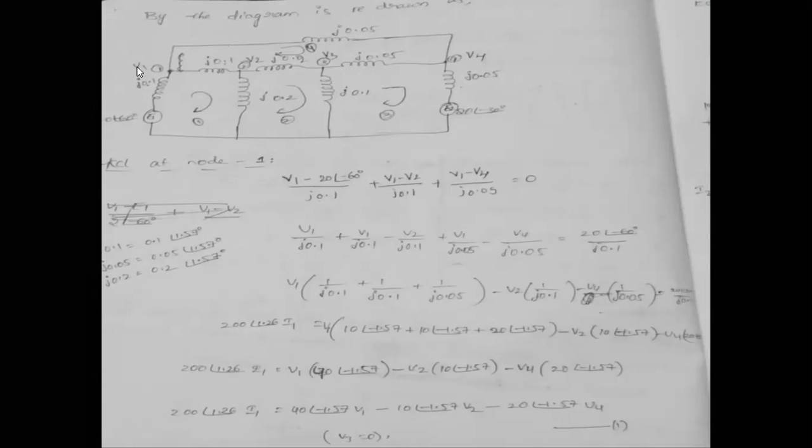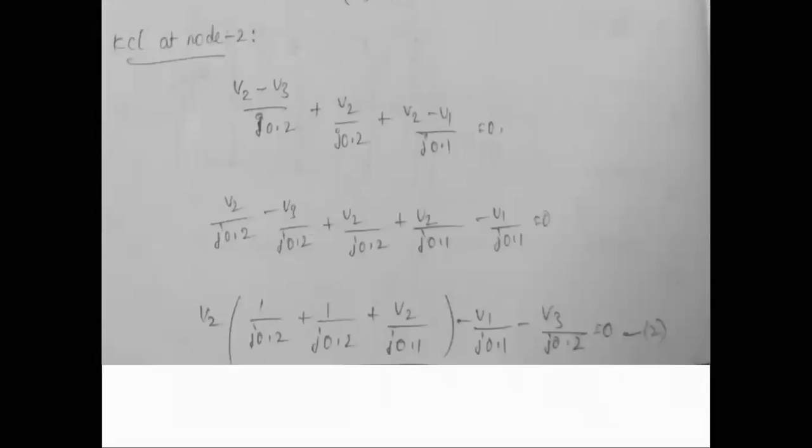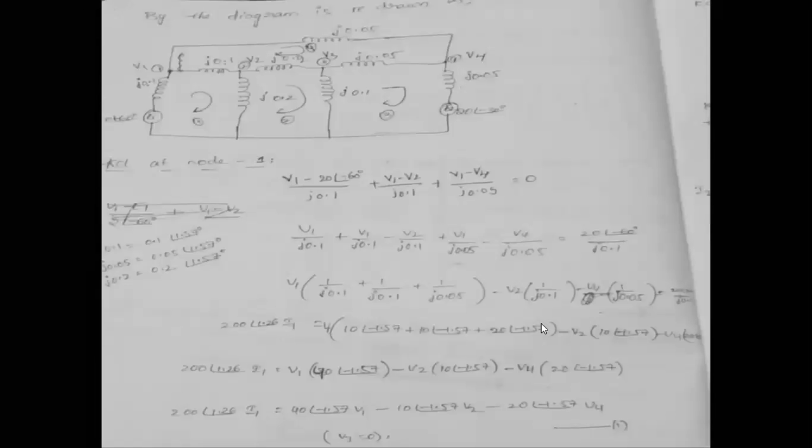That is V2 minus V1 by j0.1, next V2 minus E1 by j0.2, next V2 minus V3 by j0.2. Then simplify this equation and mention that it is equation number 2.